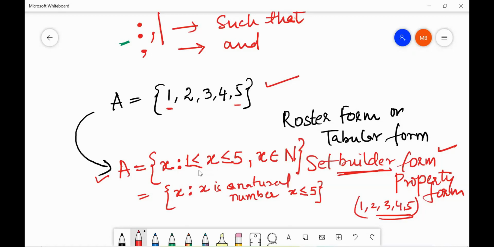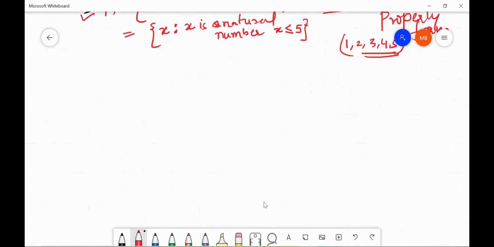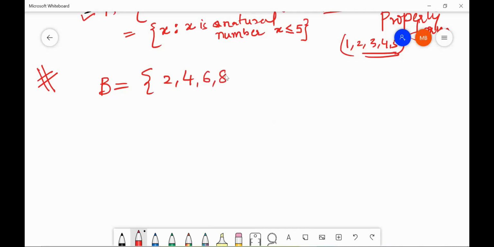So let us discuss one more example. I'll scroll down. Say for example now you have a set, let this set be B, and now you have elements 2, 4, 6 and 8.